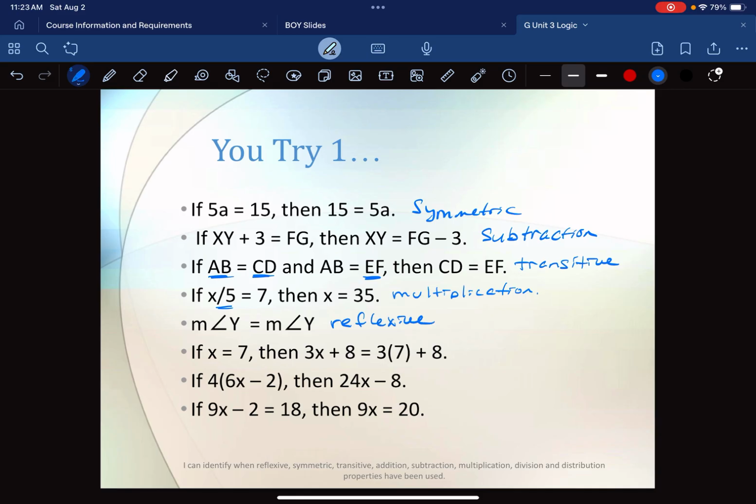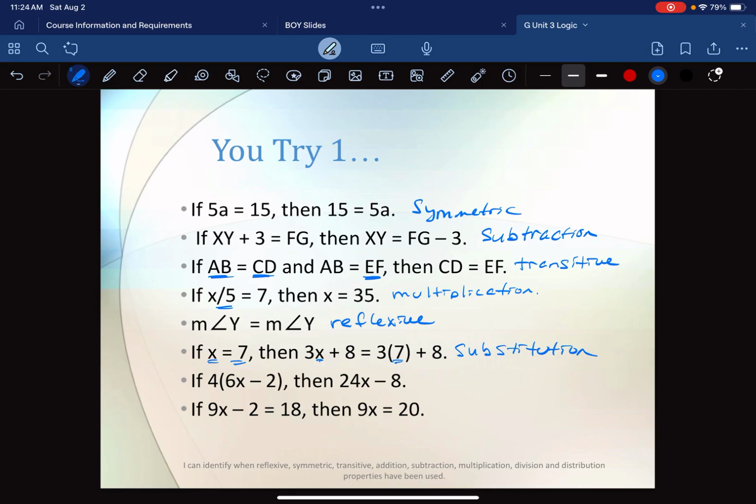Okay. If x equals 7, then 3x plus 8 equals 3 times 7 plus 8. Well, how'd they get 3x plus 8 to become 3 times 7 plus 8? They've replaced the x with a 7 right there. And so they did substitution. Okay? Hopefully you get the next one.